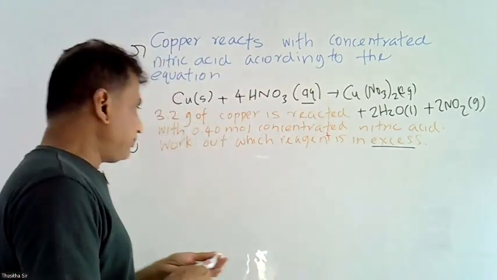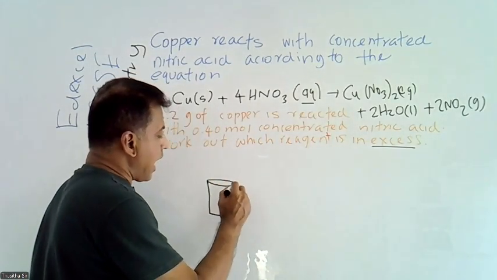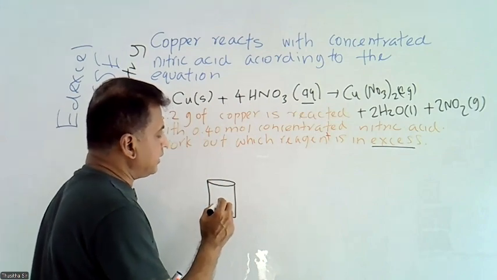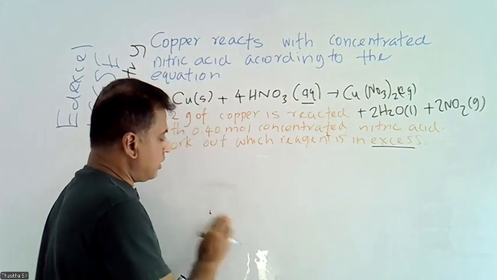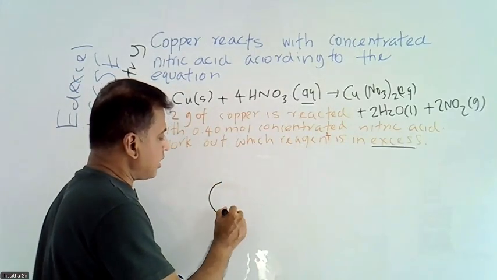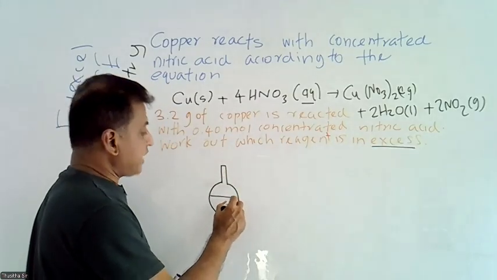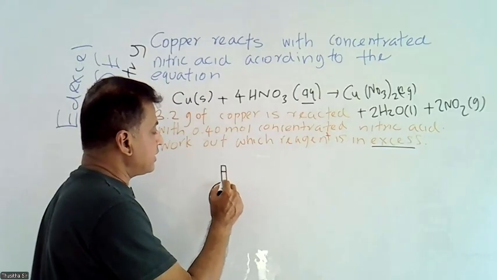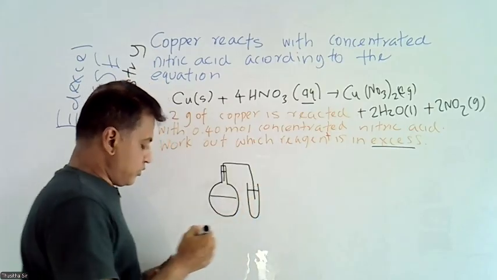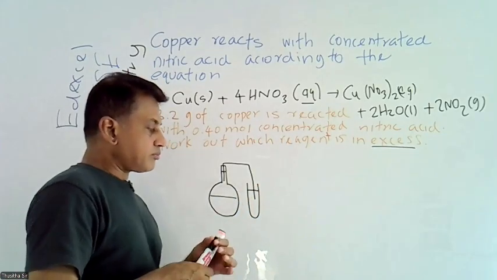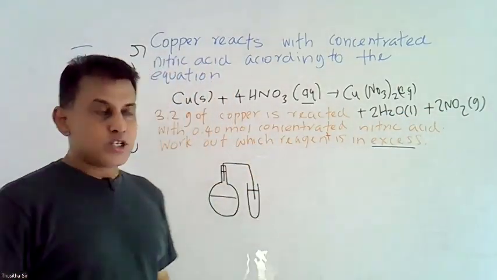For further understanding of this question, here is a beaker. Actually, we can't use a beaker, so we have to use a round shaped flask, and we add the nitric acid, and then this is connected to a tube containing water, because nitrogen dioxide is a toxic gas, so it is not good to inhale.